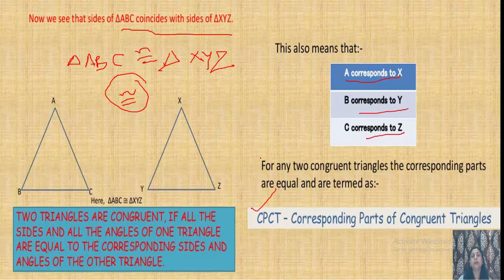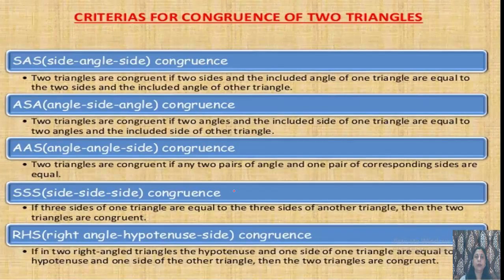CPCT means corresponding parts of congruent triangles. So wherever we prove the congruency of two triangles, on the basis of this we say the other parts are also equal. We write by CPCT. By CPCT means corresponding parts of congruent triangles.